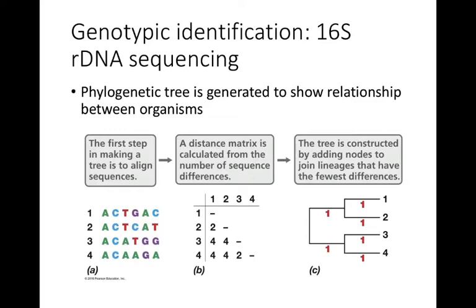So for example, between species 1 and species 2 listed here, you notice that there are two differences, a GC and a CT, but the A, the C, the T, and the A are all the same. If we look at this between the different microorganisms, we find that between 1 and 3 there are 4 differences, between 3 and 4 there are only 2 differences.